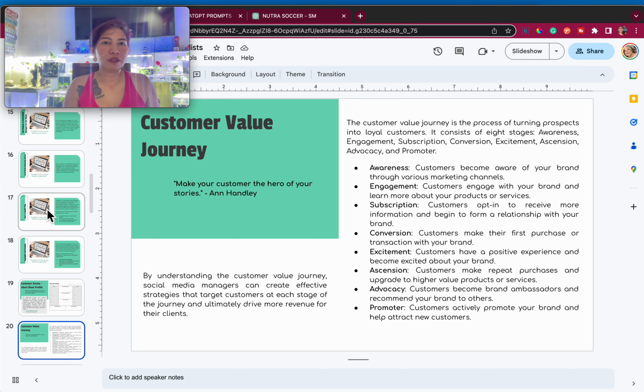And now we want them to be moved to ascension. So after using the sunscreen, I'm so happy about it. I'm going to buy again and again. And when you're happy with a product or a service, what do you usually do? You recommend them. You refer them. If it's a service, you refer them to your friends and family. If it's a product, you post about it. You rant and rave about it on your Facebook account or your Instagram or whatever social media account you're into.